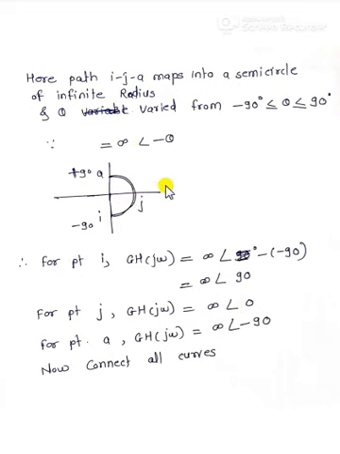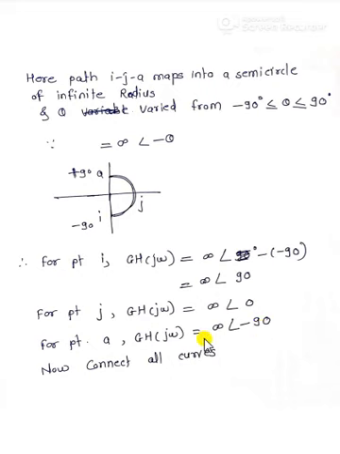J lies on the real axis, so the angle is 0. So there is no change in sign. For point A, GH of j omega, same equation, infinity at an angle of minus theta. A is at plus 90, so this becomes minus 90.